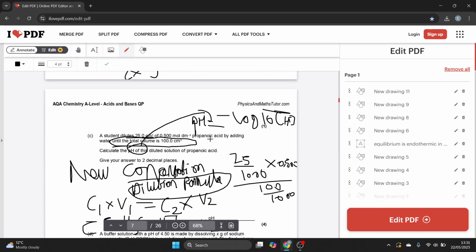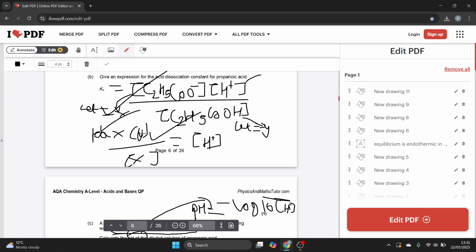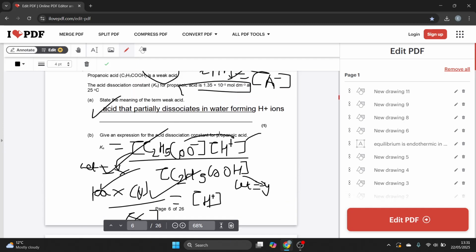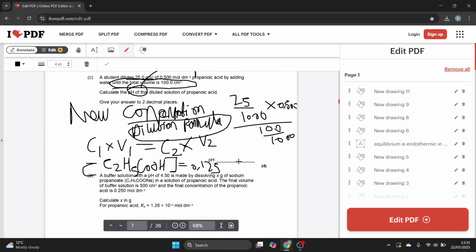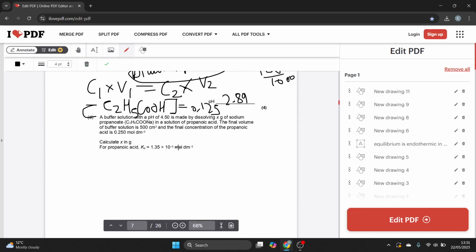So now I know this, then I obviously know that these two are the same. So therefore the concentration of H plus equals the square root of Ka times by that. I know both of them, and then I just substitute and get the pH of 2.89.